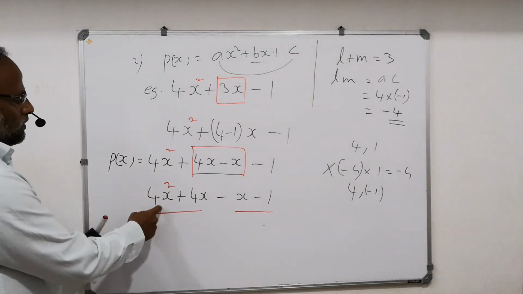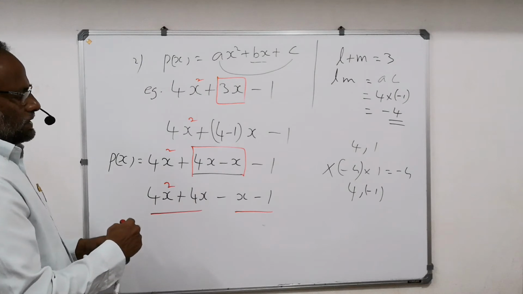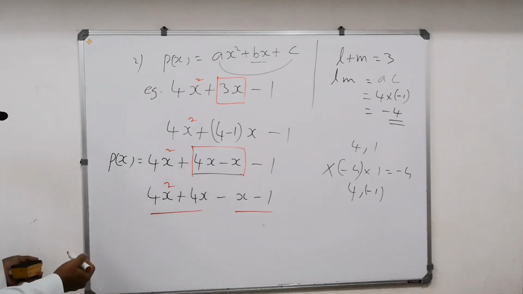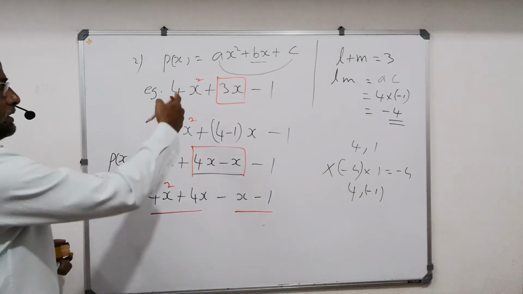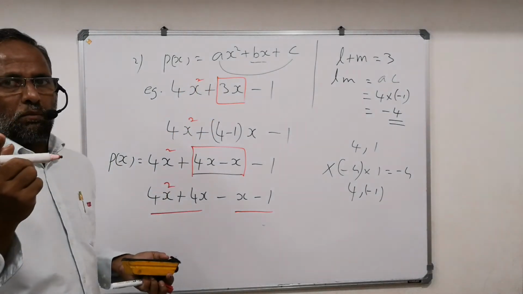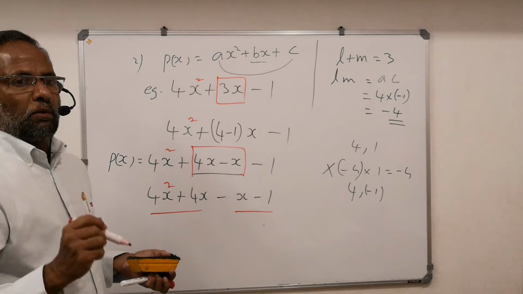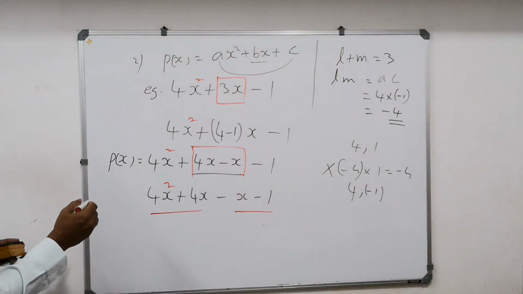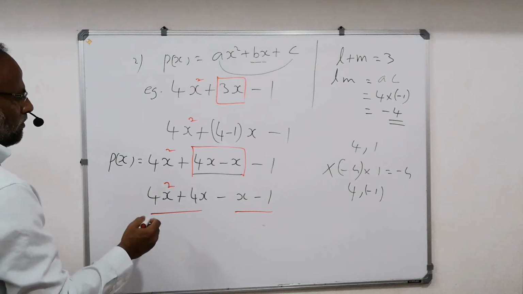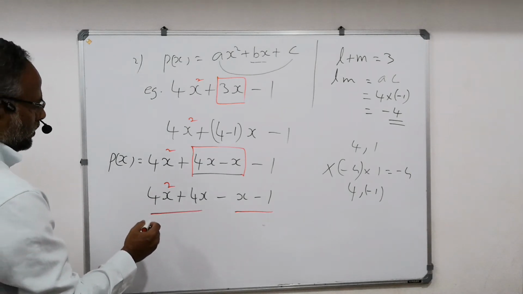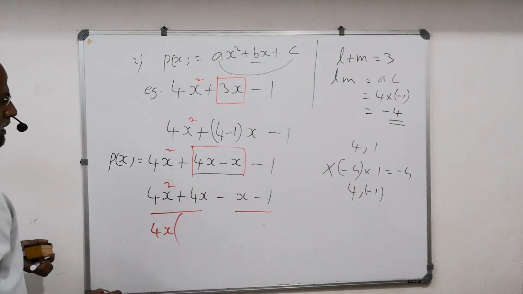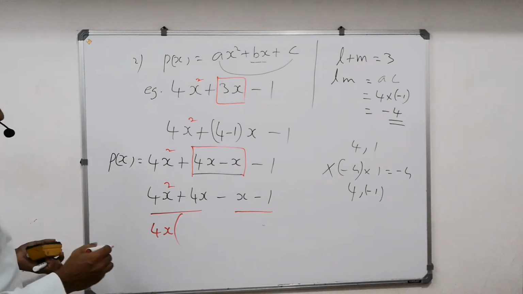Here, 4x squared plus 4x minus x minus 1. Now what can we take outside? Here it is sure that it is a quadratic polynomial we are doing. I think you can take 4x outside and see what is inside.